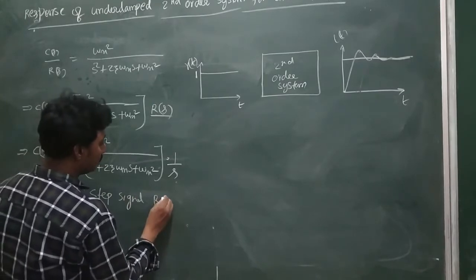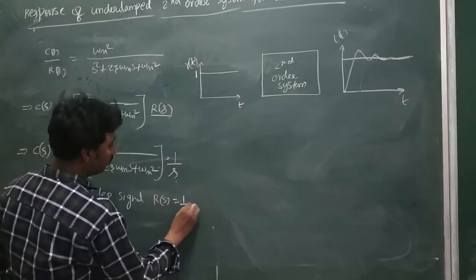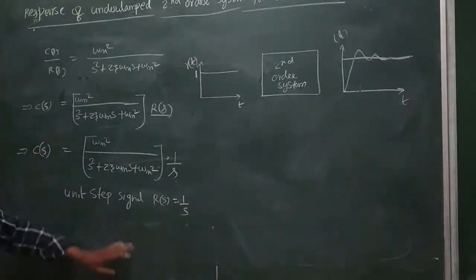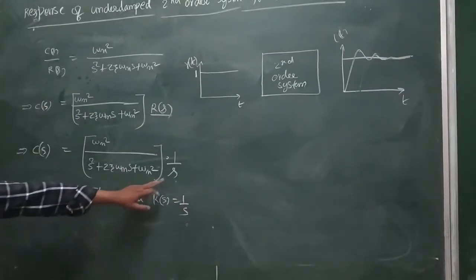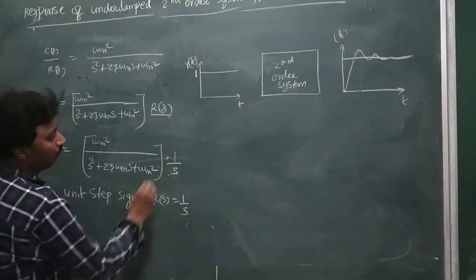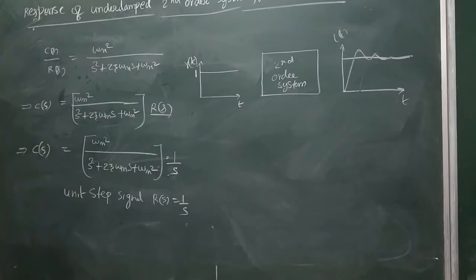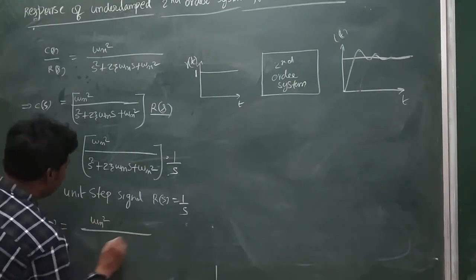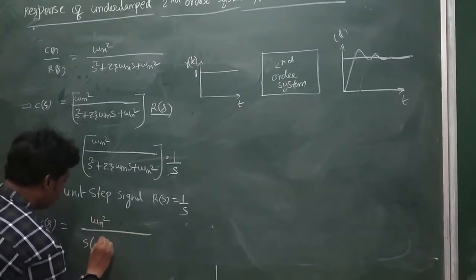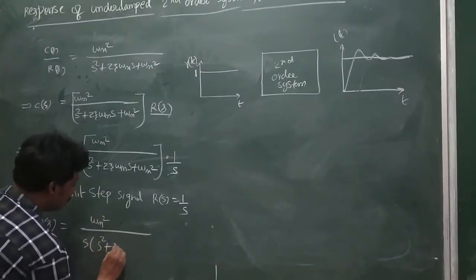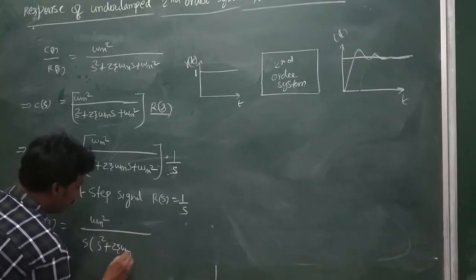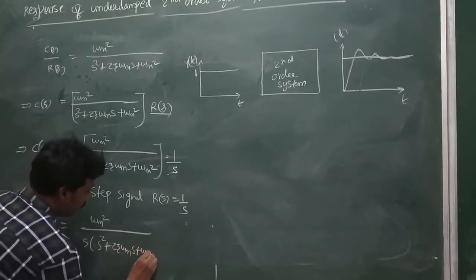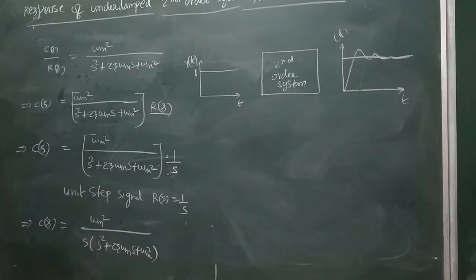Now we have substituted 1 by s, right? Now what is C of s here? C of s is equal to omega n square by s into s square plus 2 zeta omega n s plus omega n square, right?